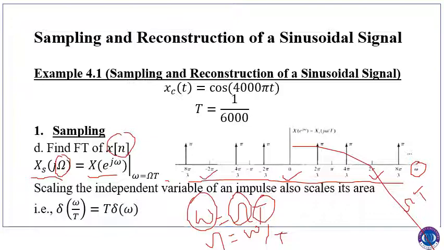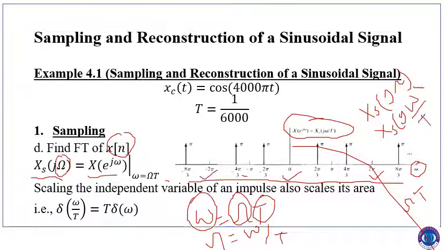This is the maximum frequency, that is the cutoff frequency. Now you can see the relationship: we replace Xs(jΩ) with Xs(jω/T), and this is equal to X(e^jω).